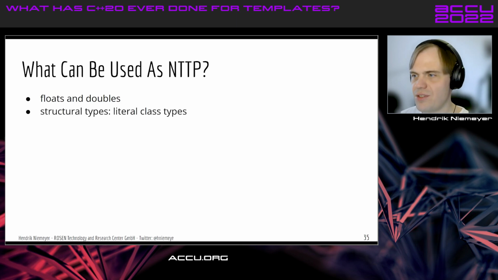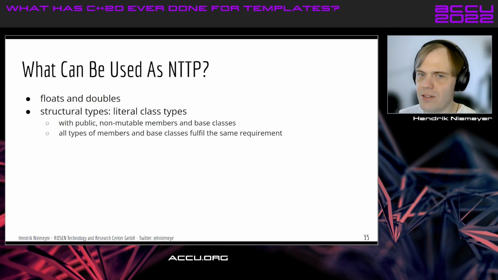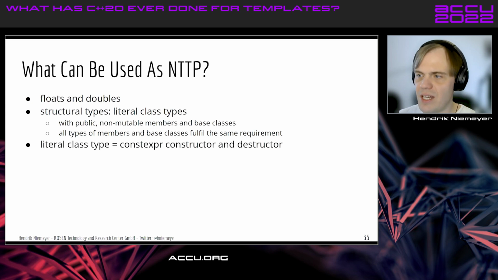We can use so-called structural types as non-type template parameters. And what are structural types? If we look up the definitions, these are literal class types with public non-mutable members and base classes, and all types of members and base classes fulfill the same requirement. So public non-mutable members. And a literal class type has a constexpr constructor and destructor, which for non-type template parameters must apply to the case we are using it.